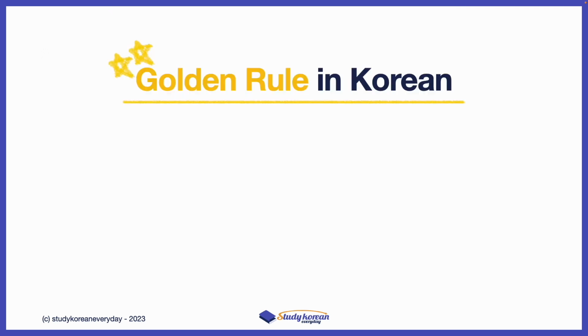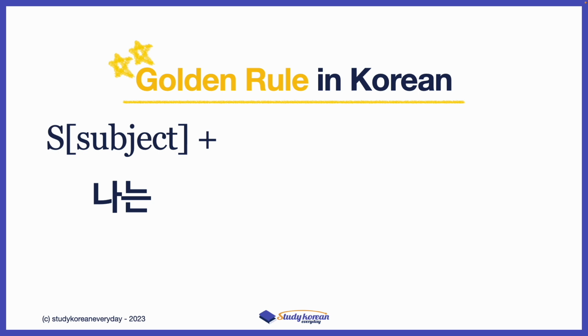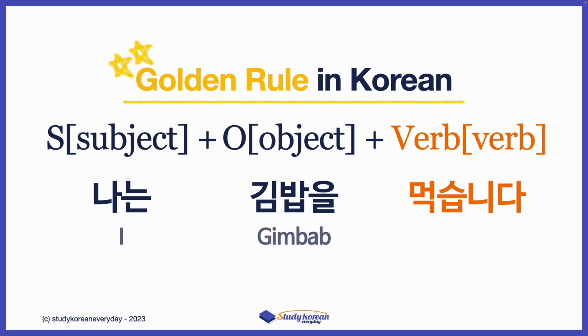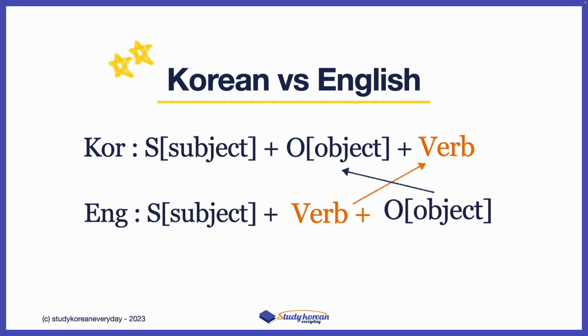I would like to explain one very important grammar rule. Korean language is S subject, O object, and ends with verb. Meanwhile, English is S subject, verb, and object.